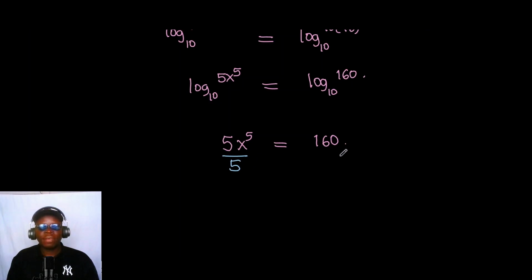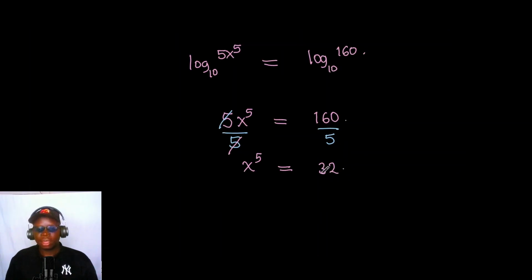So when we have here 5 and we also have here 5, of course, this 5 will cancel with this 5, and we have here x exponent 5 equals, so when you divide this, 5 goes into 16 three times. 15, when you subtract that, we have 1 adding to 10, 10 by 5 is 2, so our result is 32.